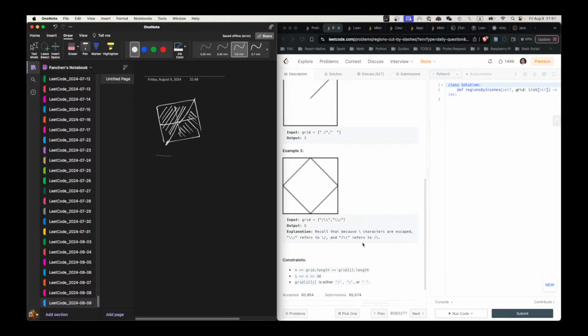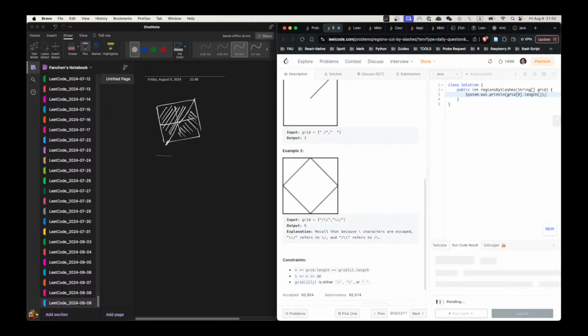Wait, hold a second. So if I do, what's the length? This means I have to do grid 0 dot length, I think. This is 3.